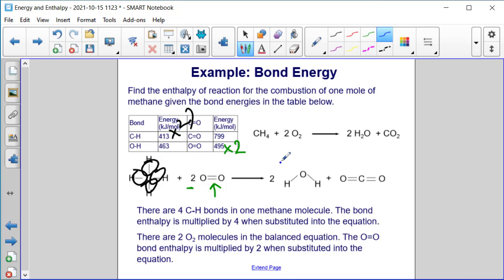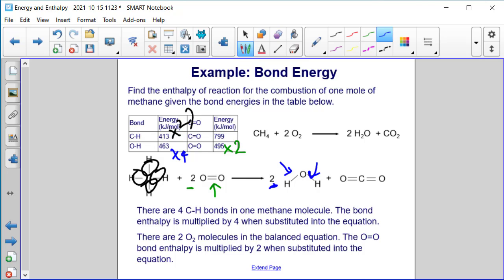Well, energy is released to form these oxygen-hydrogen single bonds. There are 2 of them in 1 molecule, but we have 2 molecules. So that's 4 bonds forming total, right? 4 oxygen-hydrogen bonds forming overall. So we want to multiply that by 4 to find out the total amount of energy released in the formation of those bonds.